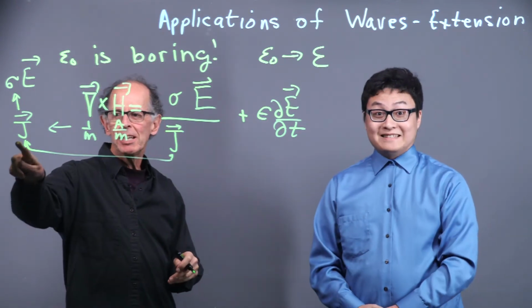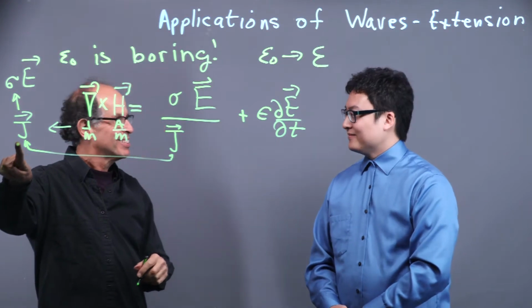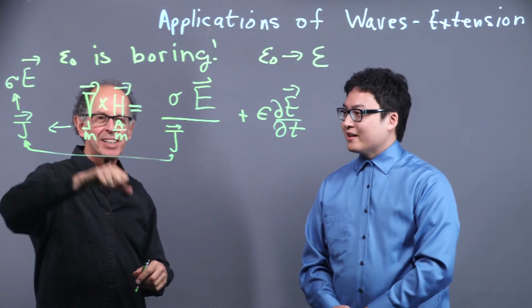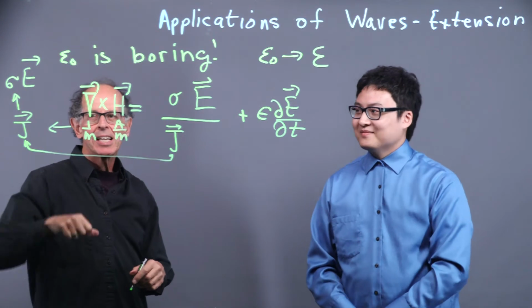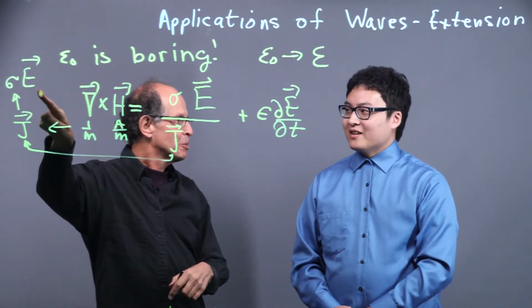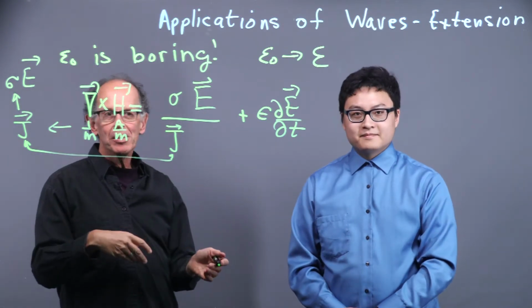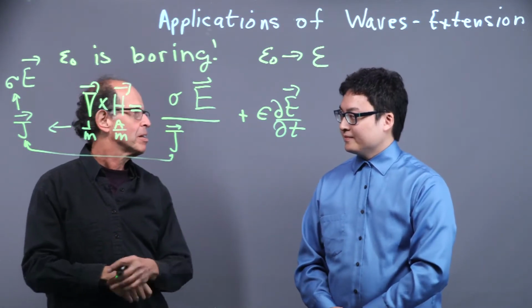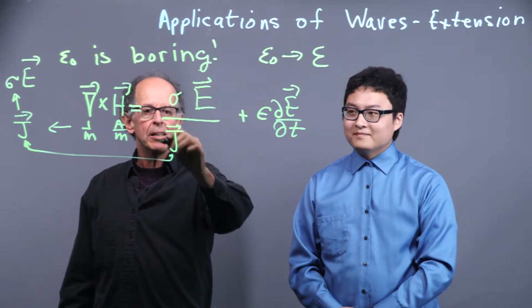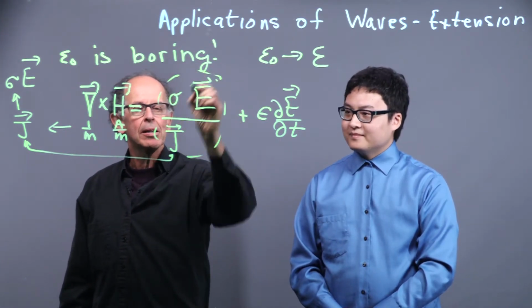Yeah, but J would correspond to current. And E corresponds to voltage. And sigma would, as you said earlier, correspond to 1/R, conductance. So this is the vector form of Ohm's law.